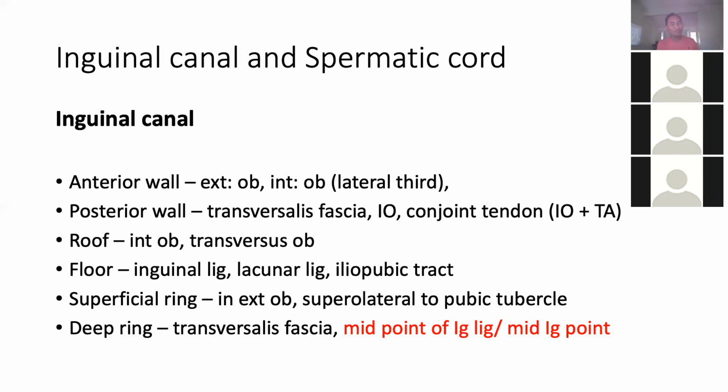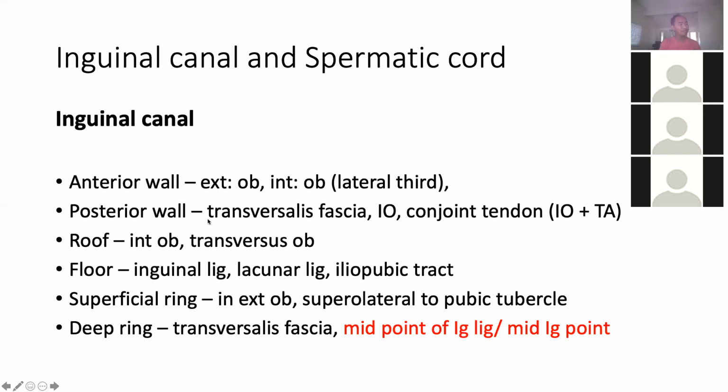After this slide, I'm going to stop. I know it's too much for you. The inguinal canal in the male transmits the spermatic cord. The anterior wall of the inguinal canal is made of the external oblique and, in the lateral third, the internal oblique.